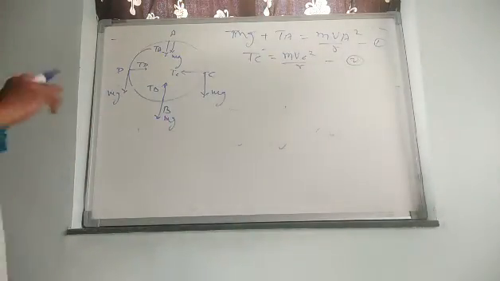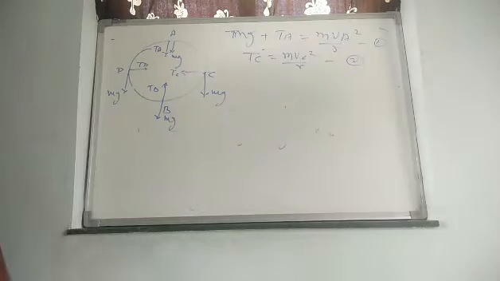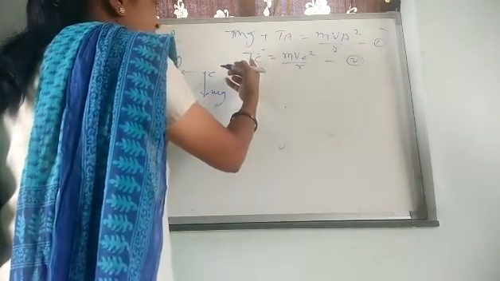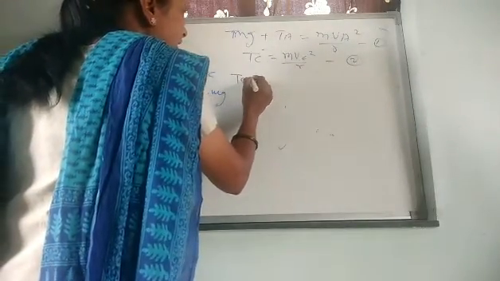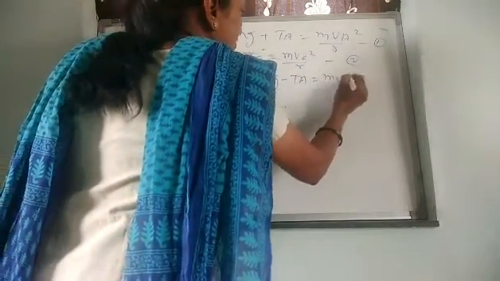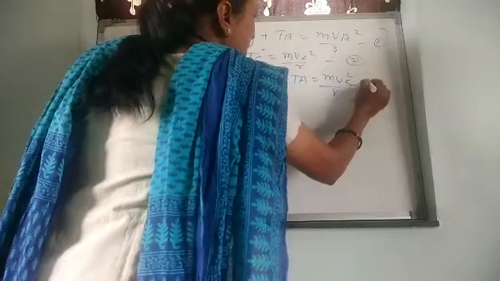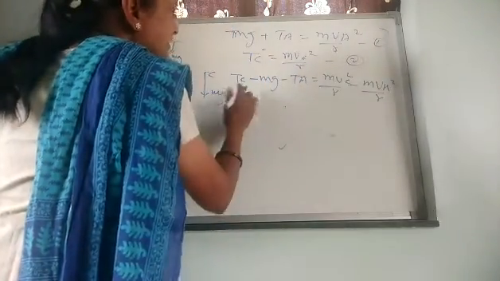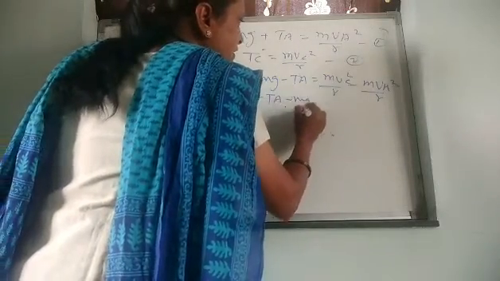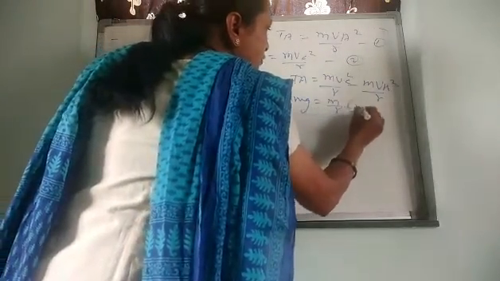Now we want to find an expression for velocity at this point. If we subtract equation 1 from equation 2, then Tc minus mg minus Ta is equal to m Vc square upon r minus m Va square upon r. That means Tc minus Ta minus mg is equal to m by r into Vc square minus Va square.